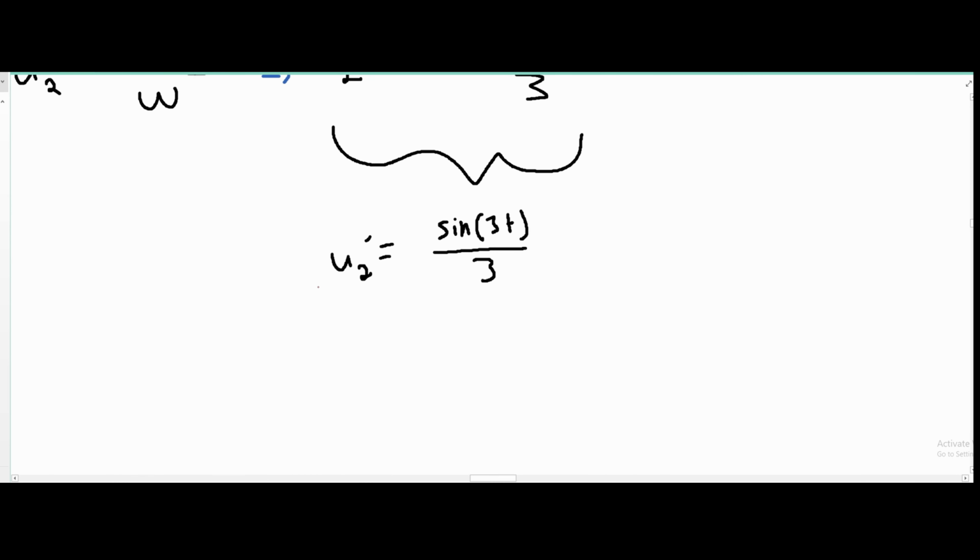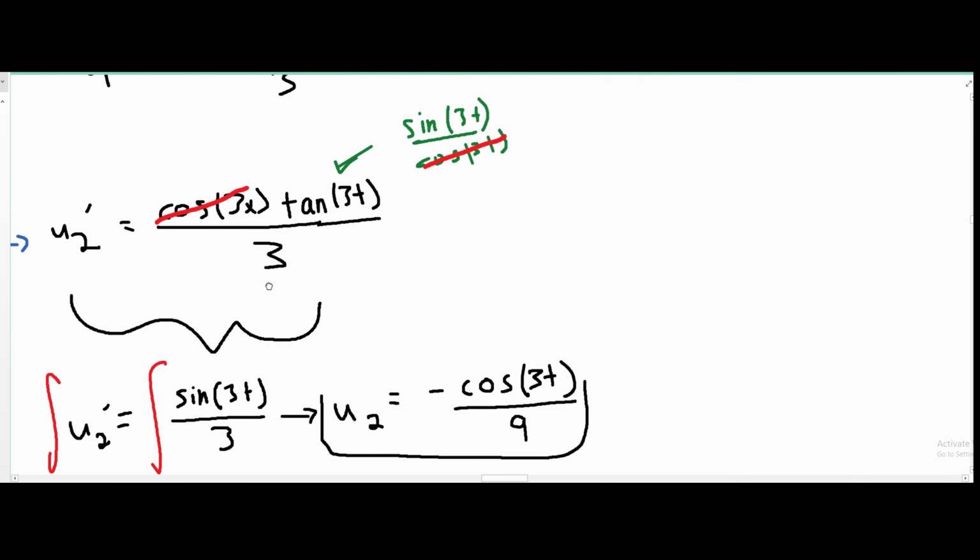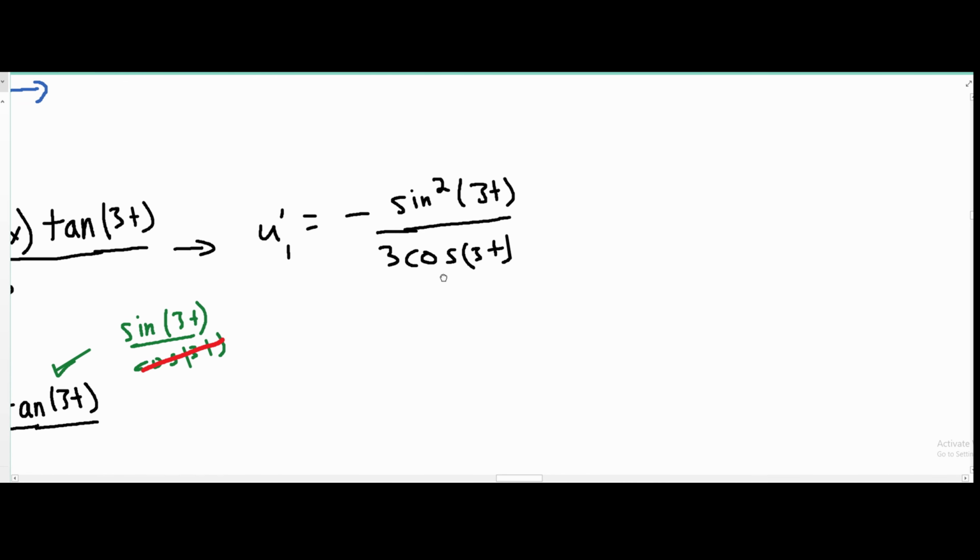Taking the integral of u2 prime is going to leave us with u2 is equal to negative cosine of 3t over 9. Now we need to solve for our u1 prime. We're going to put an integral in front of both sides.